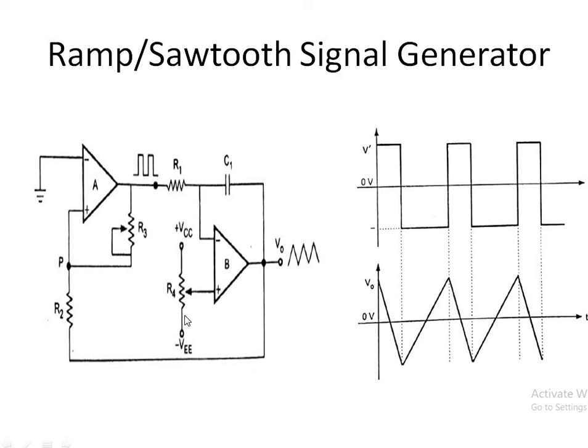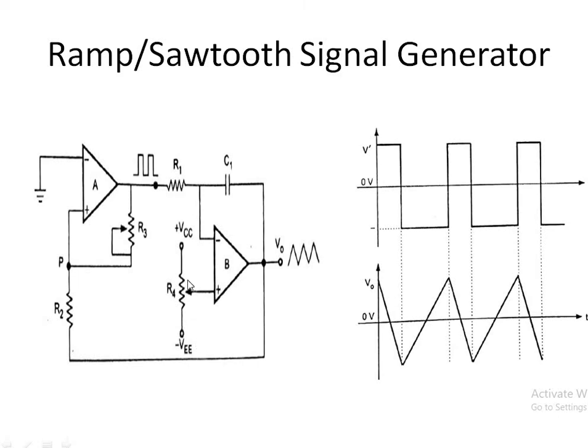Both ends of the potentiometer are connected to positive VCC and to negative VEE, or the potential of both ends of this potentiometer is maintained at two opposite values, one positive and one negative voltage value.